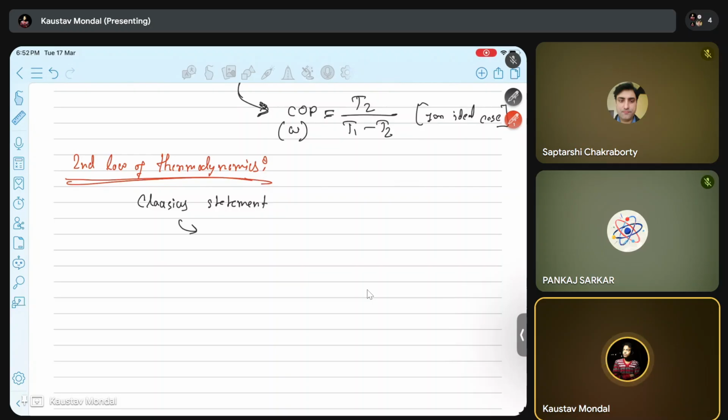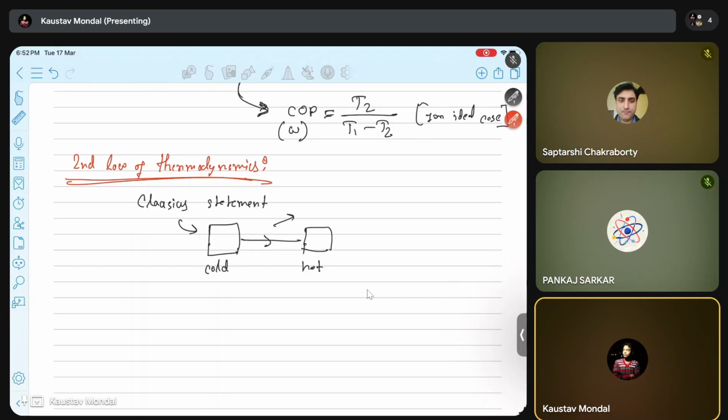which basically states that no process is possible that transfers heat from a colder to a hotter body. So if there is, let's suppose, a cold body and a hot body, we know that there is no spontaneous process that can flow heat from the cold body to the hot body.